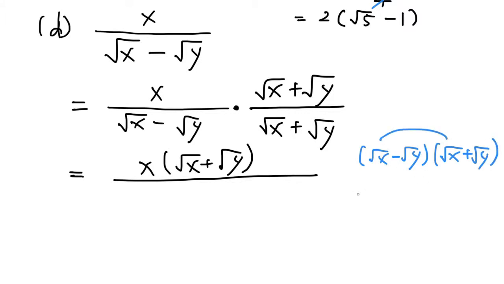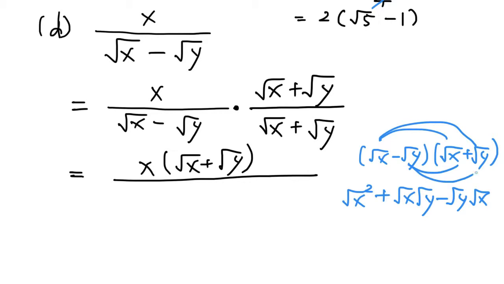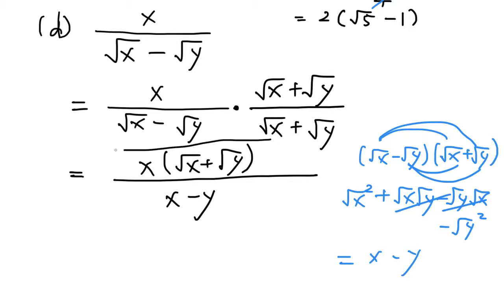For this out, we have square root of x squared, square root of x times square root of y, minus square root of y square root of x, and then finally minus square root of y squared. And this is x, and two middle terms are removed, and minus y. So x minus y in the denominator. So we have the answer.